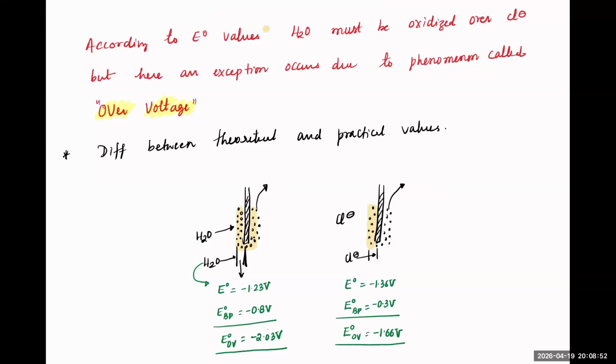Unfortunately, here chloride and water are very comparable. That's why we are taking into account what is happening with the overpotential or the bubble potential. Considering that, we are looking at their practical values. Otherwise, in all other cases, the difference of their potentials itself is very high.